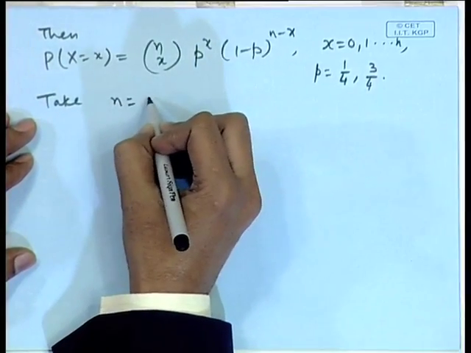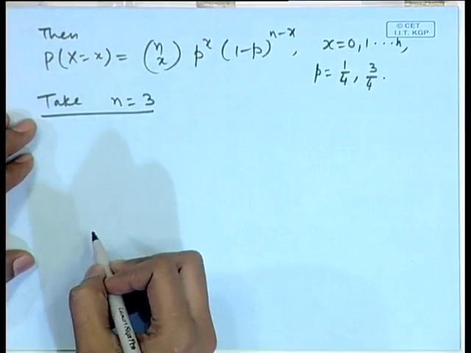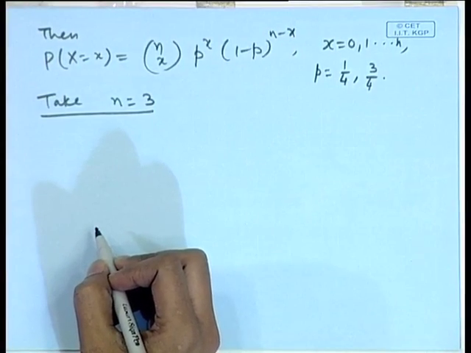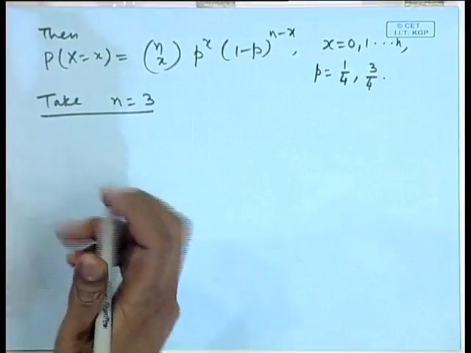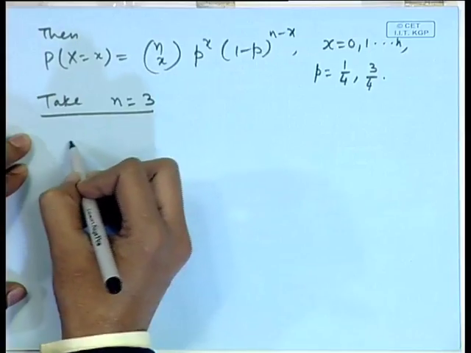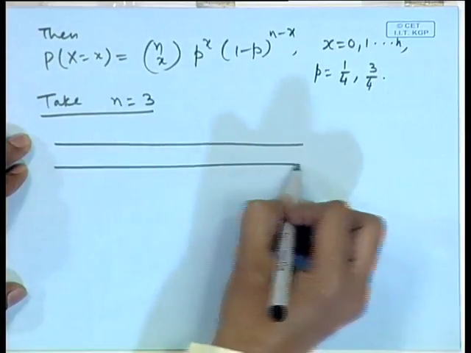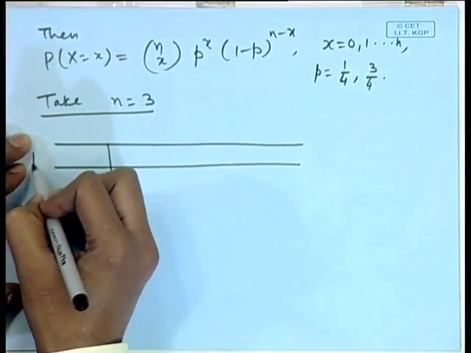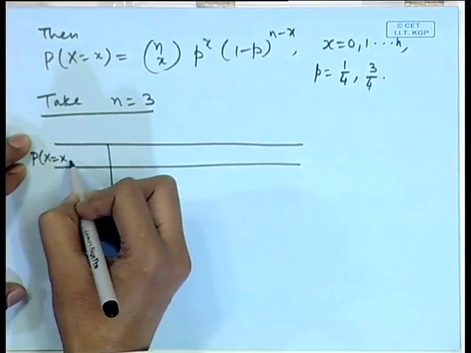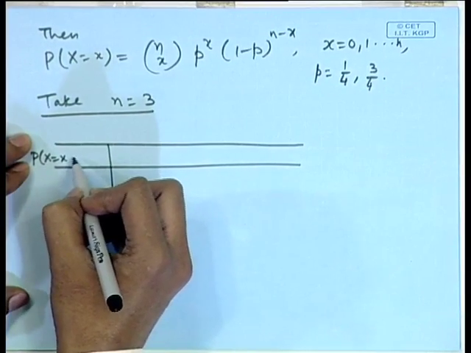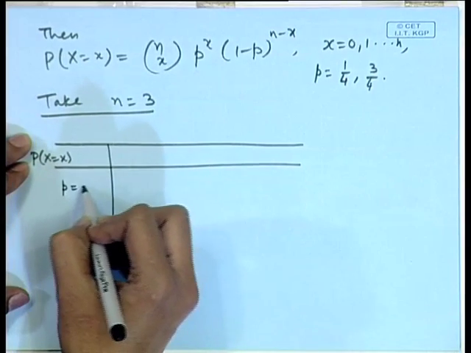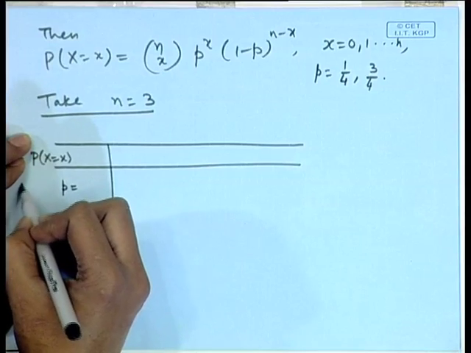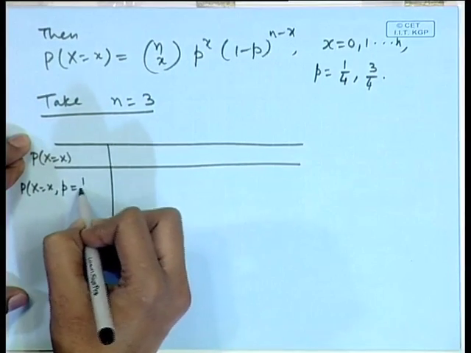So, let us work it out for a particular value of n. Let us take n equal to 3. If I take n equal to 3, then what are the various probabilities? On this side I will write the probability of X equal to x, and on this side I will consider the values of p. What is the probability of X equal to x when p is 1 by 4?